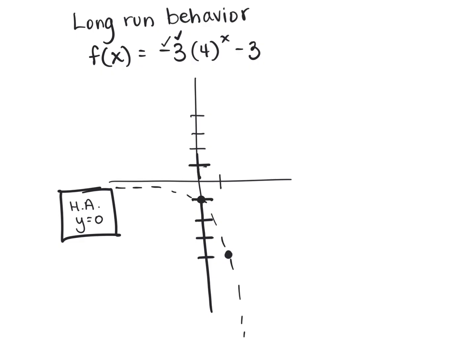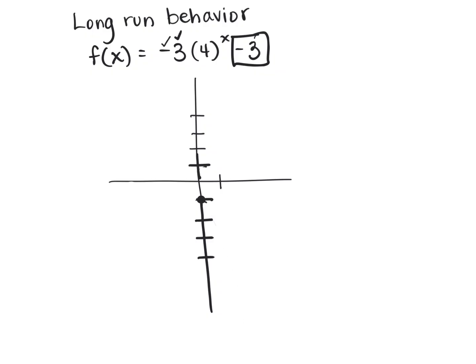Now, the other 3, however, this one is going to change things. My horizontal asymptote is no longer at y equals 0. Because I'm moving every single ordered pair point down 3 units, my ordered pair points are not at these locations anymore. So I go down 1, 2, 3. This one is now going to be here at 0, -4, and then the other one, instead of being at 1, -4, is going to be at 1, -7.